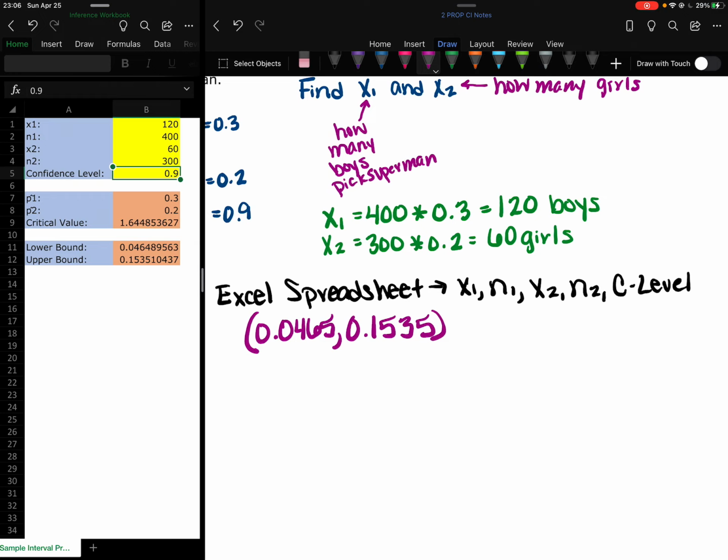So now, what does this mean? This is what the interval gives us. What does it mean?